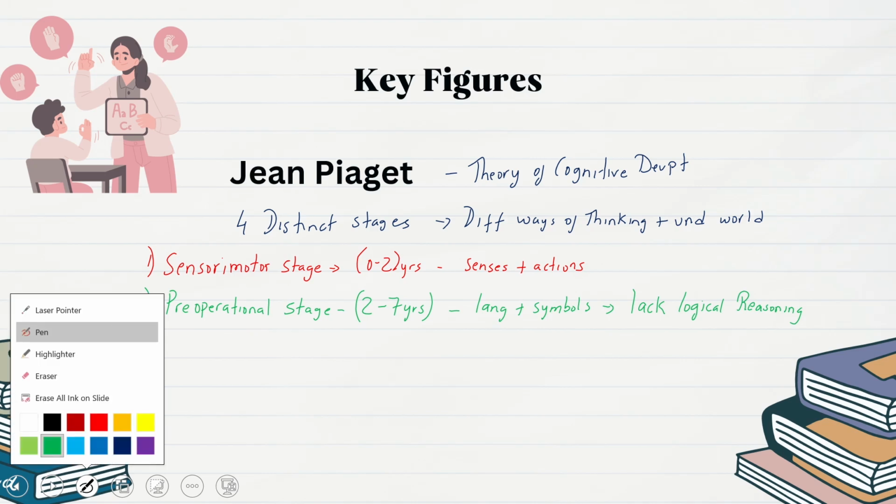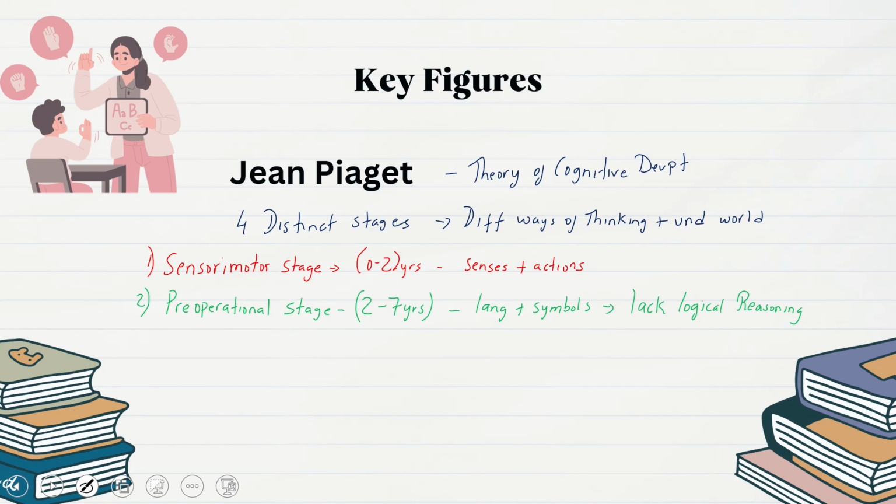The third stage is the concrete operational stage. And this is from 7 to 11 years. And here children start to think logically about concrete events.